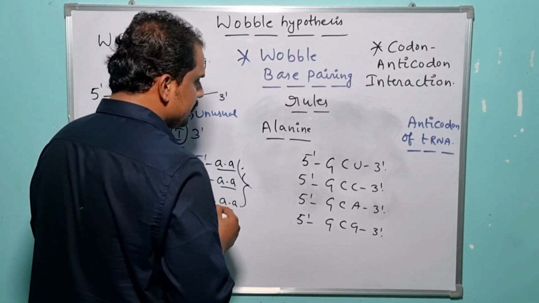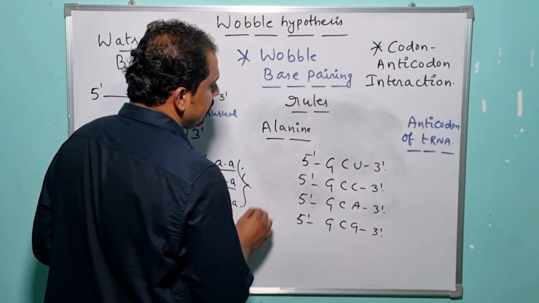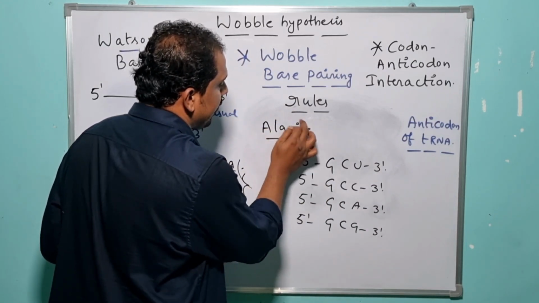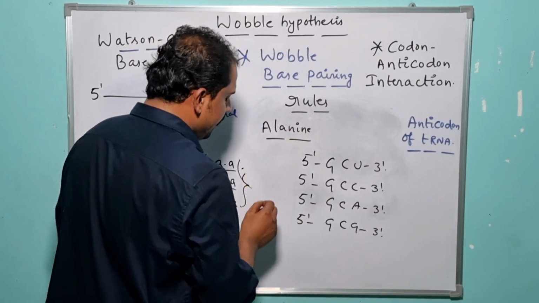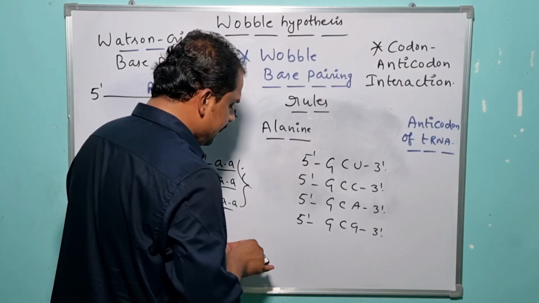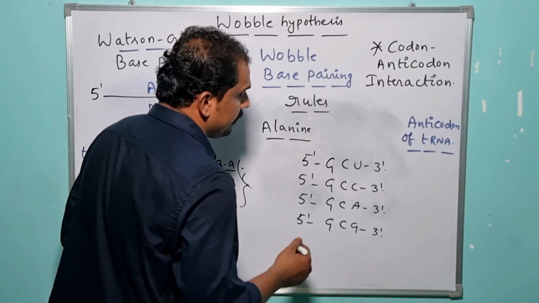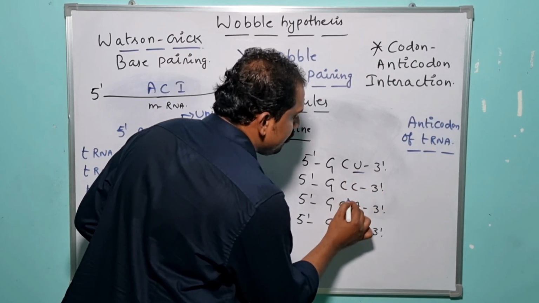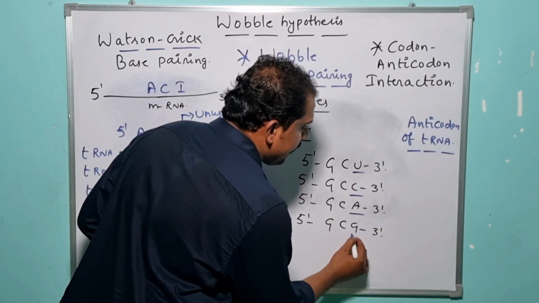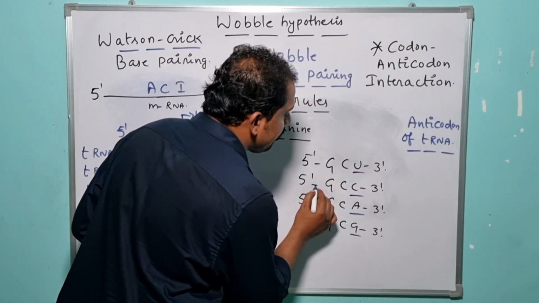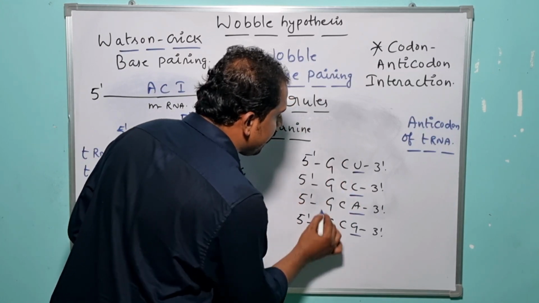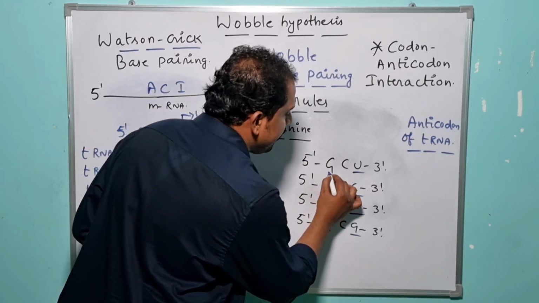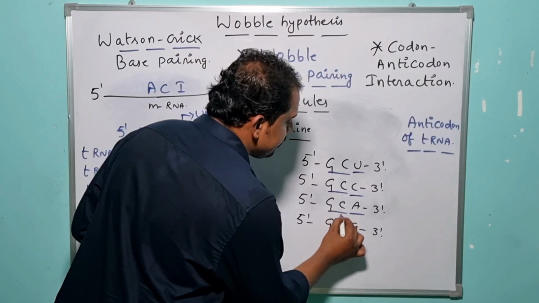So in all the various codons which are encoded by the alanine amino acid, the variation is present only at the 3' end but not at the 5' end. If you look here, it is U, here it is C, here it is A, and here it is G. But the first two nucleotides in all the codons are very similar. Here it is GC, GC, GC, GC.